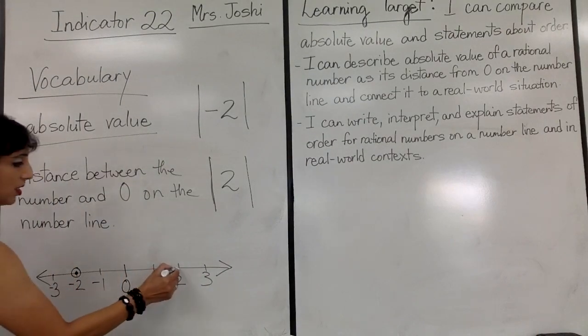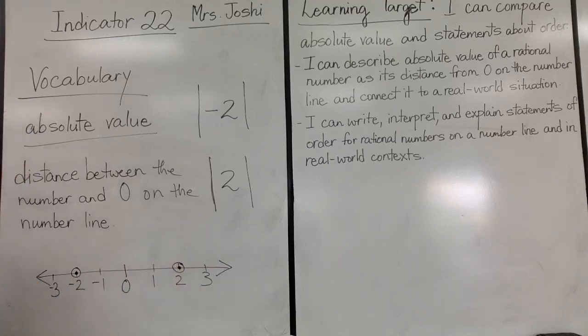We know that +2 is here. When it's saying distance between the number and zero, we are looking at, okay, what is the distance from 0 to -2? So the distance is actually from here to here. Let's say from here to 0 is going to be 2 units.